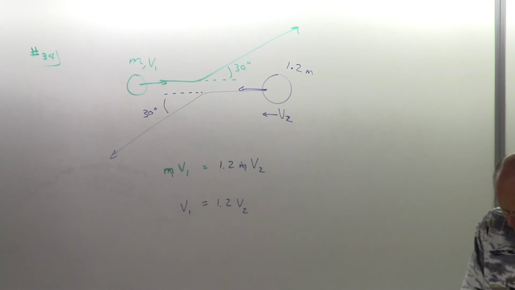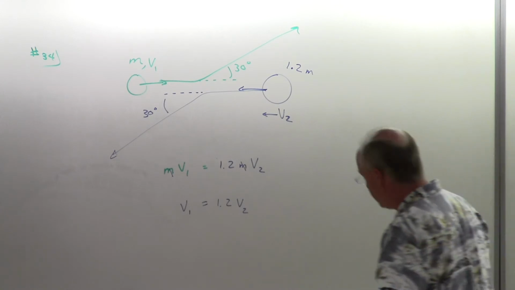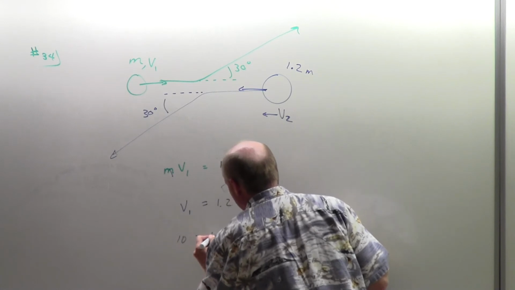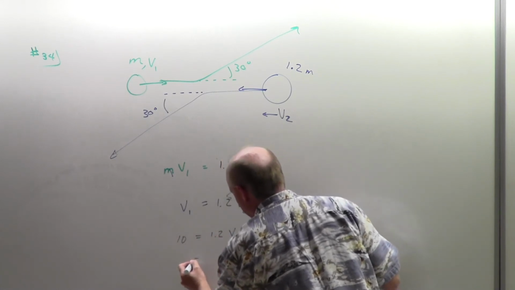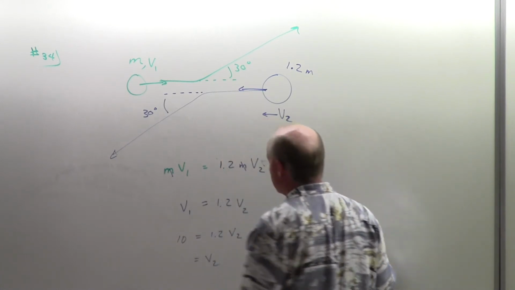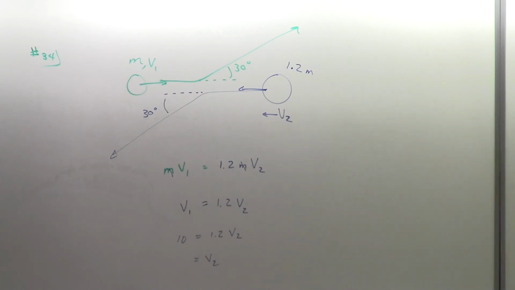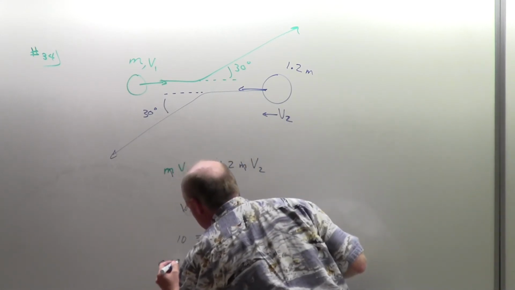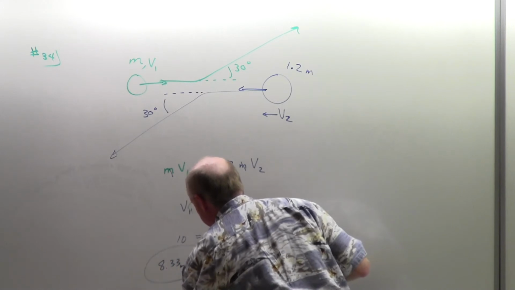The green puck has an initial speed of 10. All right, so if I put a 10 in here for the green one, then that means this second one, this blue one, is 10 divided by 1.2, or 8.33 meters per second.